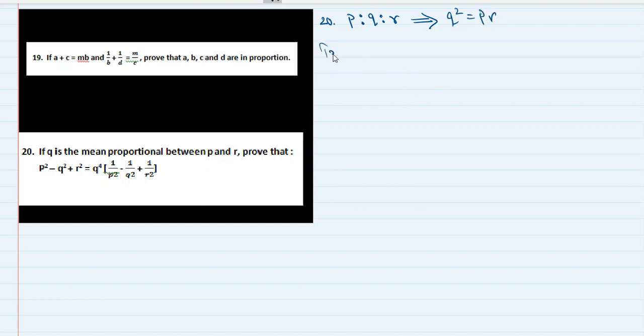Prove that P square minus Q square plus R square is equal to Q raised to 4 bracket 1 by P square minus 1 by Q square plus 1 by R square. Correct?